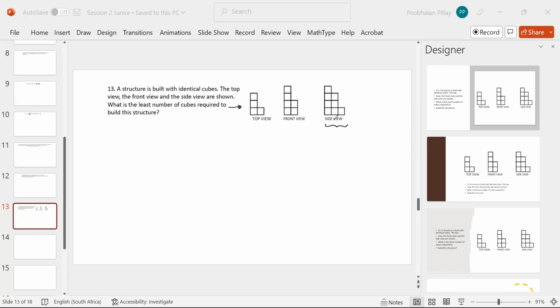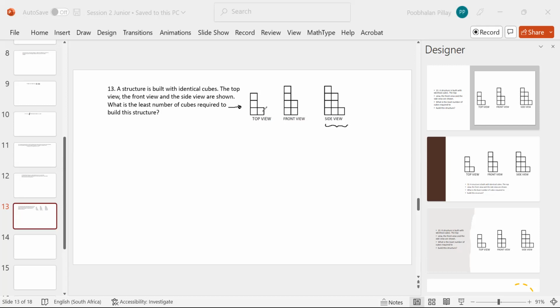So the side view says that there are 4 cubes at one end. Here at the top of this, he's got 4 cubes. You can see at this point here, you can see 4.